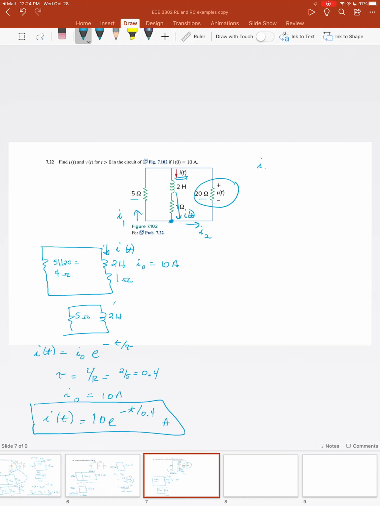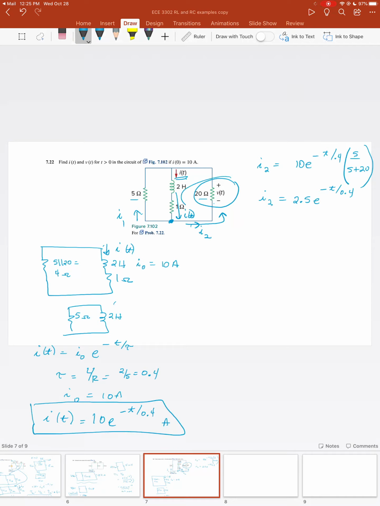So let's call this I2 and this I1. So I2 is my total current, which is 10 e to the minus t over 0.4 times the current divider ratio, which is 5 over 5 plus 20. Okay, so if you simplify that, that's 2.5 e to the minus t over 0.4.